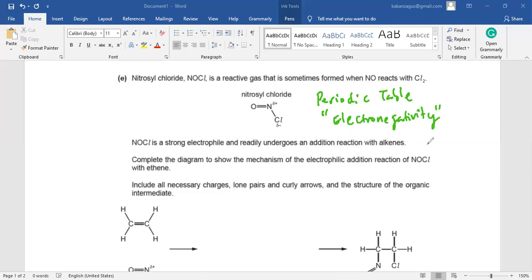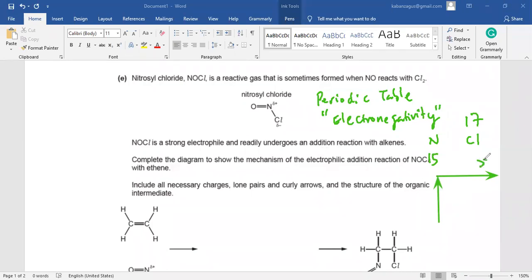So in this case, if we compare nitrogen and chlorine, chlorine is located in group 17, while nitrogen is located in group 15. If you remember the trend of the periodic table, from left to right and from bottom to top, the value of electronegativity increases.